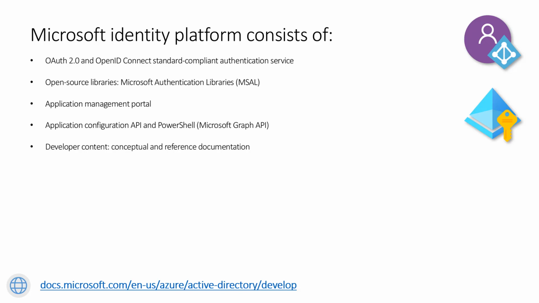There is also an application management portal, so we can use this portal to register applications and enable secure access. There is also an application configuration API and PowerShell. So using Microsoft Graph API, we can manage application configuration. And there is also great developer content, so conceptual and reference documentation is available in Microsoft documentation. Once again, I encourage you to check the link displayed below on this slide.